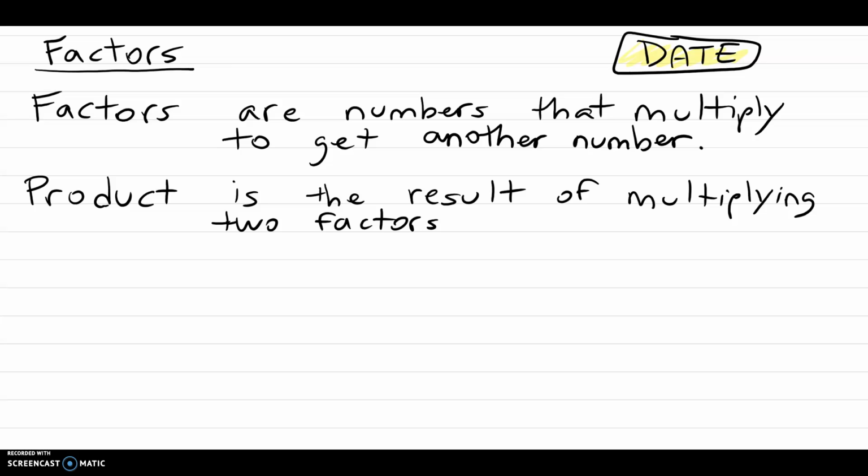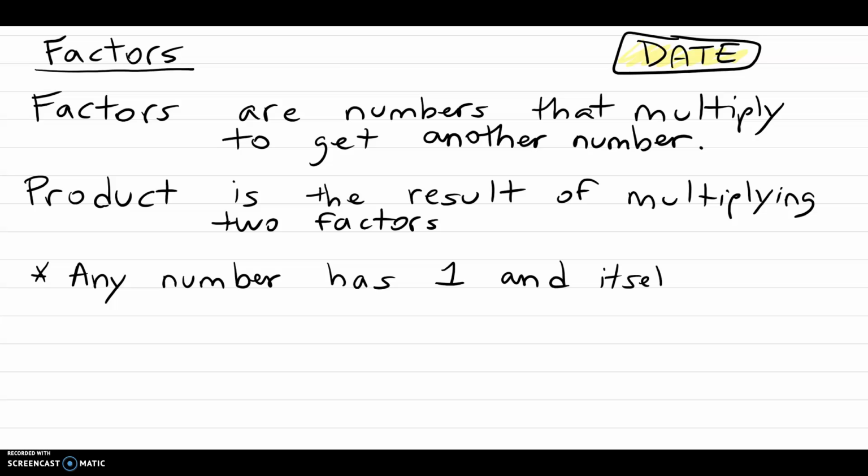So some notes about factors. Any number has 1 and itself as factors. So any number you can multiply itself by 1 and get the product of that number. That's true for every number.